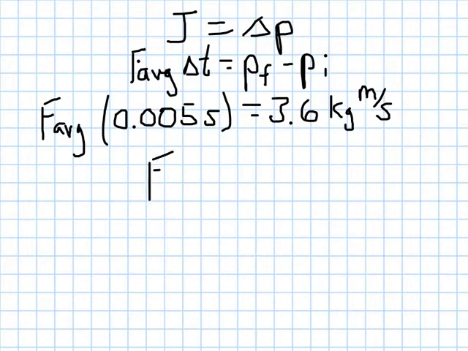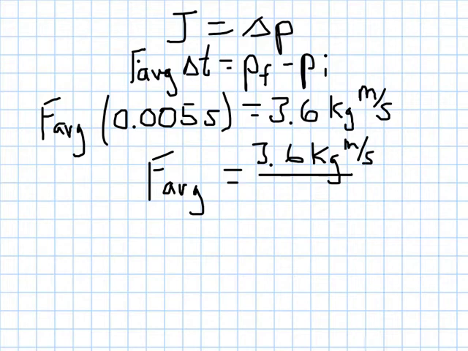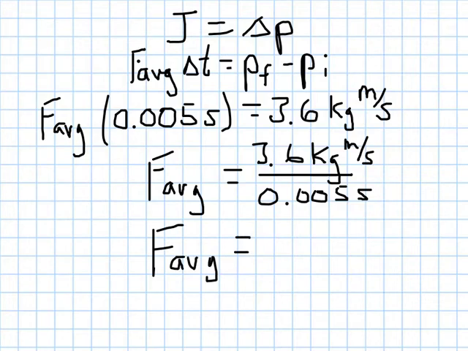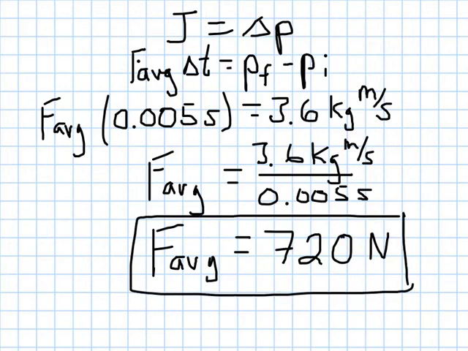So my average force is just going to be 3.6 kilogram meters per second divided by 0.005 seconds, resulting in an average force of 720 newtons. So that is our answer to the first part of this problem.